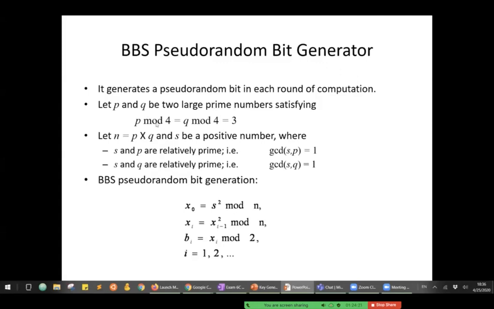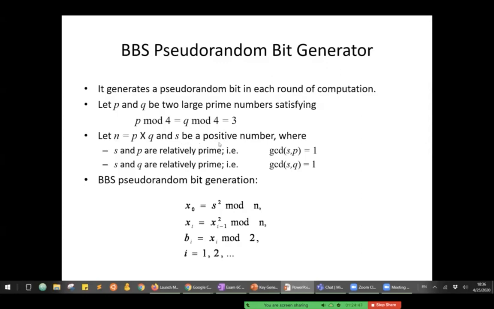So these equalities are satisfied. And then we let N be the multiplication of P and Q. We sometimes call this number N a semi-prime because it is a product of two prime numbers.